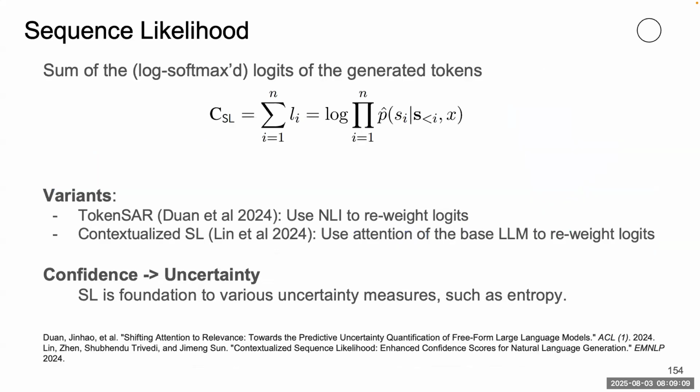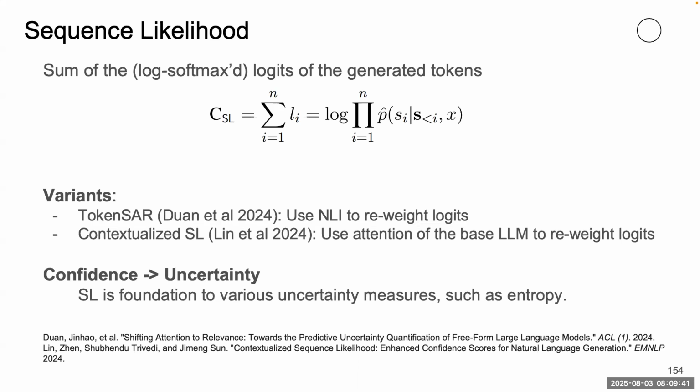Then we also have sequence likelihood, the joint distribution of these tokens. And a variant here is token SAR, which we talked about before, the semantic attention score from the previous token-level logits. It basically reweights the logits with their importance. The other one is to use the attention score directly from the base language model. This is a white-box setting now, to reweight the logits.